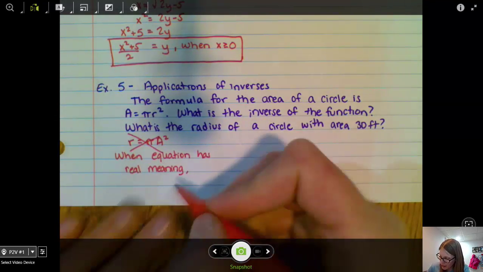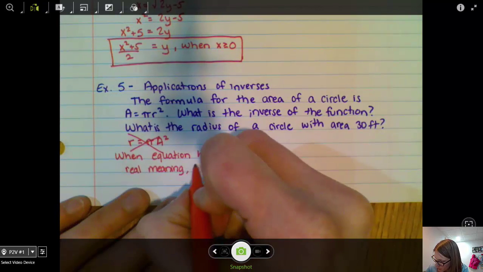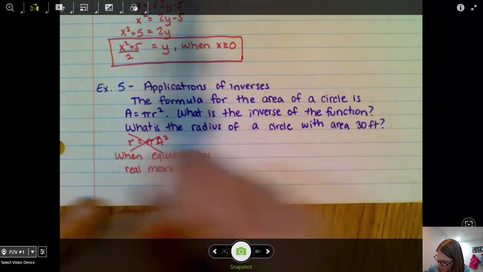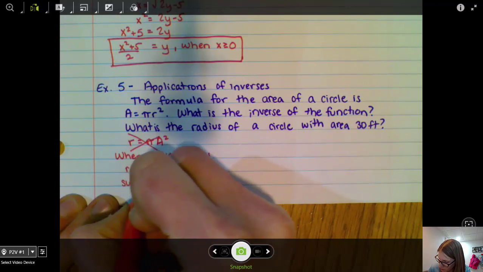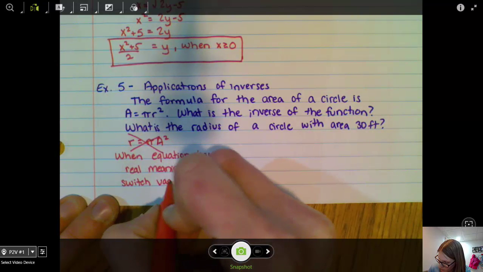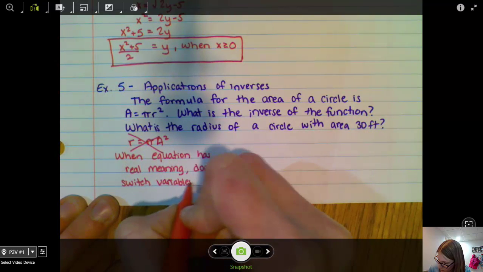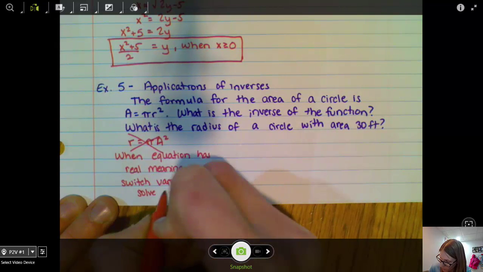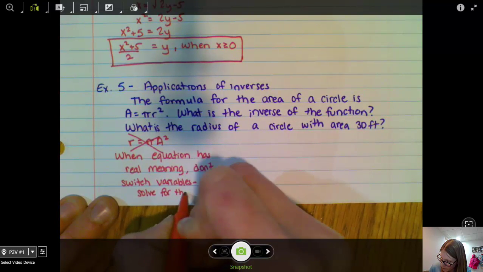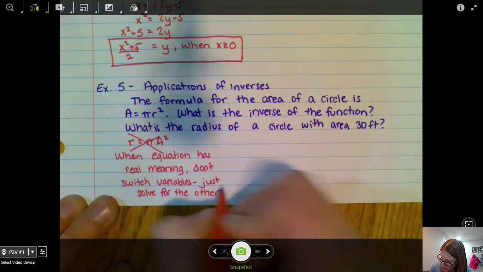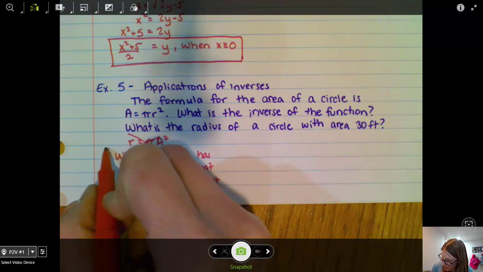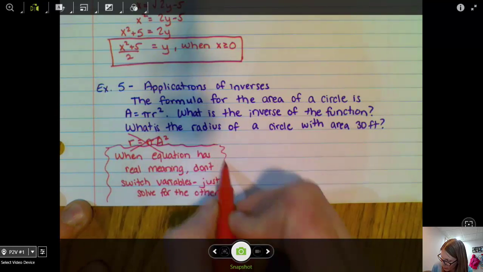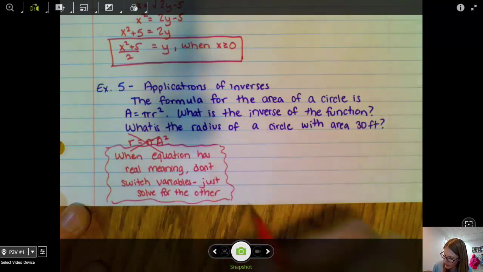When the equation has real meaning, don't switch variables. Just solve for the other. So in this case, I don't want to switch my variables around. I just want to solve for r. I want to get the r by itself.